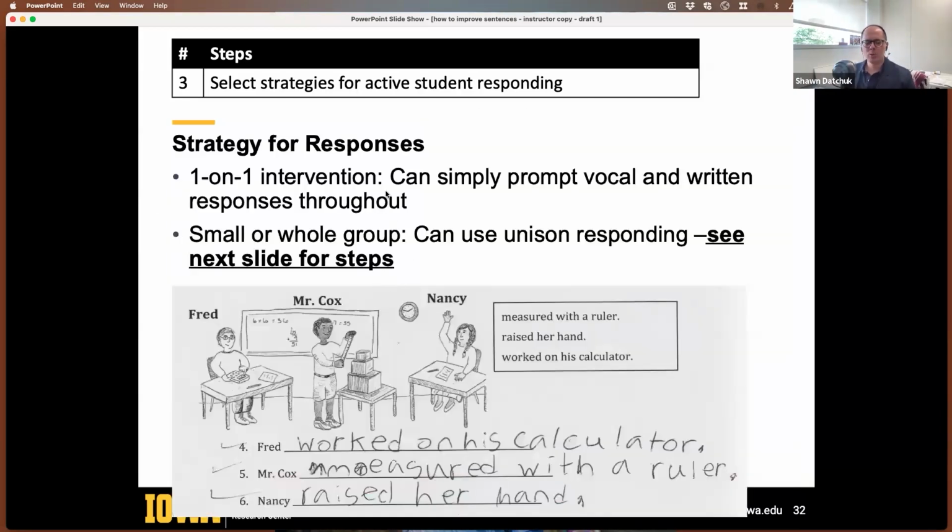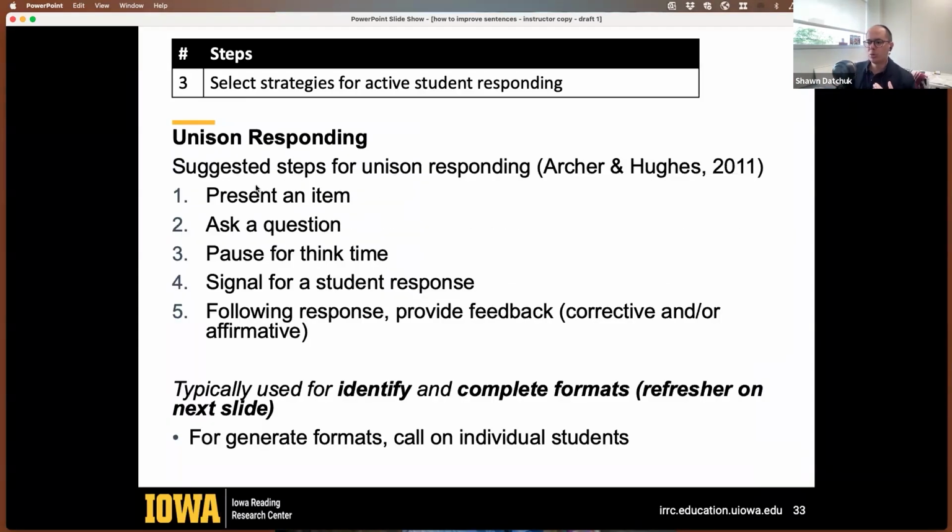So then we can pair it with a response strategy. If you're working one-on-one with a student, that's simple enough that you can just have a conversation with them. If you're working with a smaller whole group, you could use unison responding. Again, shout out to Anita Archer and also Charles Hughes, Dr. Hughes, a professor emeritus at Penn State University. You present an item.